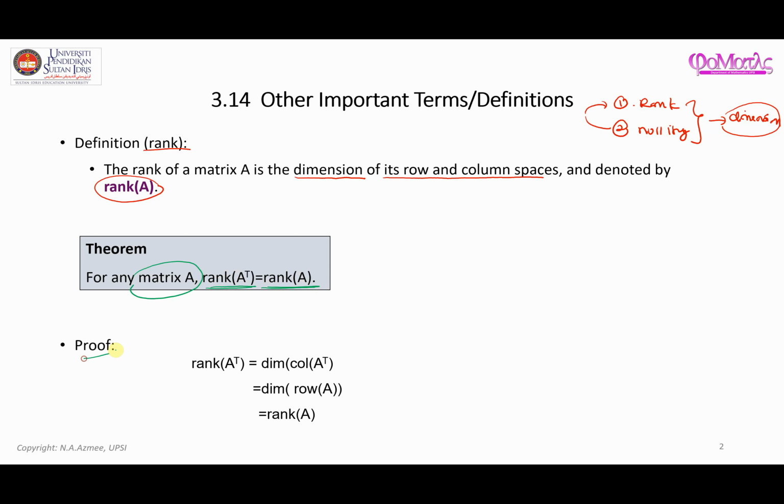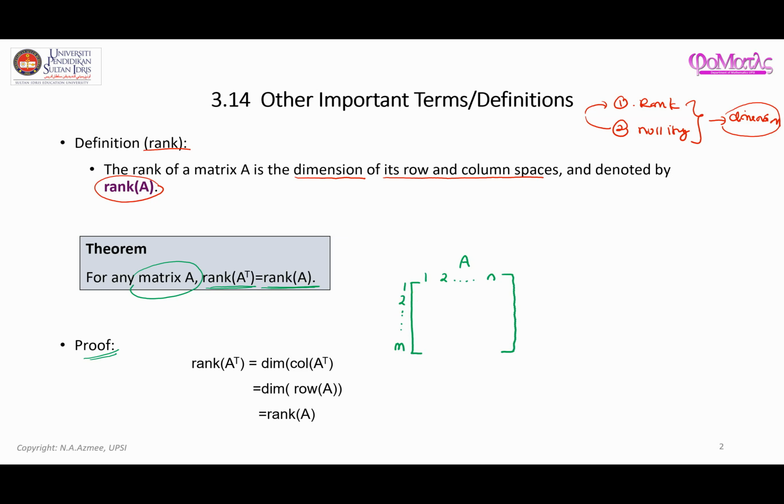And here is the simple proof, where the idea of this proof, I think, can be easily understood if you perhaps try to visualize the matrix itself. So here is, for example, matrix A. Let's say matrix A has 1 to mth row and 1 to nth column.